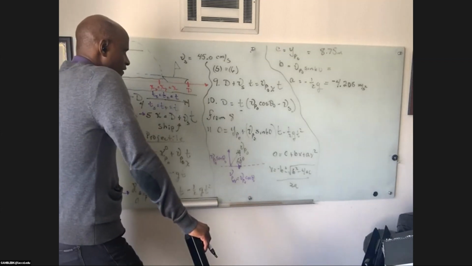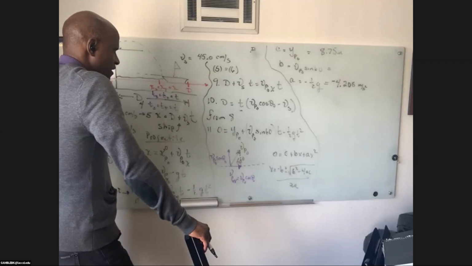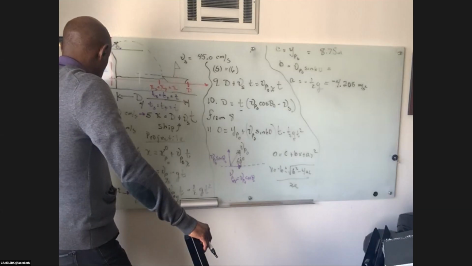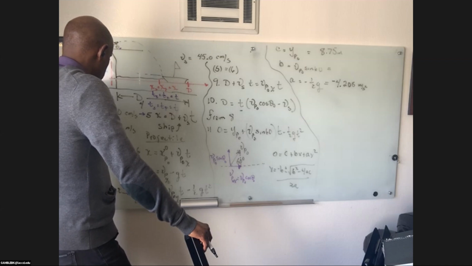Is that 0.5 or 0.88? Sine of 60 is 0.866. Okay. So times 15. So what is that?